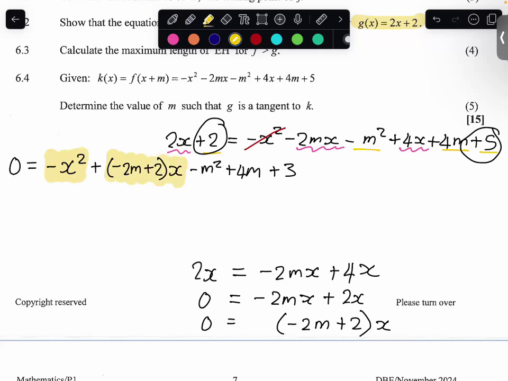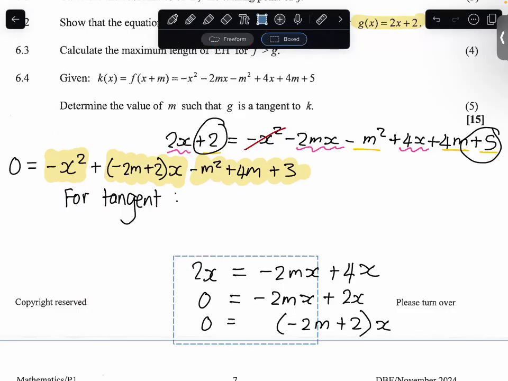bx plus c. Right? Once you have your equation in that form, ax squared plus bx plus c, you are now going to say for tangent, for g to be a tangent to k. Right?